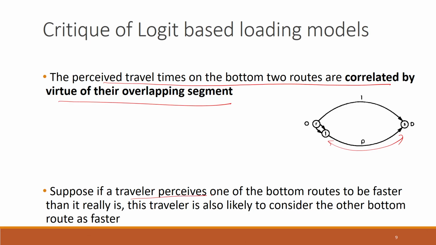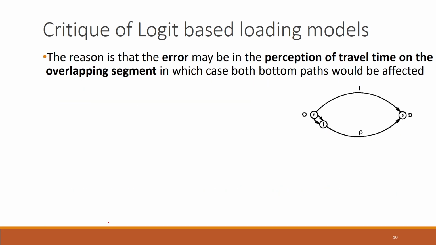Suppose a traveler perceives one of the bottom paths or routes to be faster than it really is, then this traveler is also likely to consider the other bottom route as faster. The reason is that the error may be in the perception of the travel time on the overlapping segment, in which case both bottom paths would be affected.